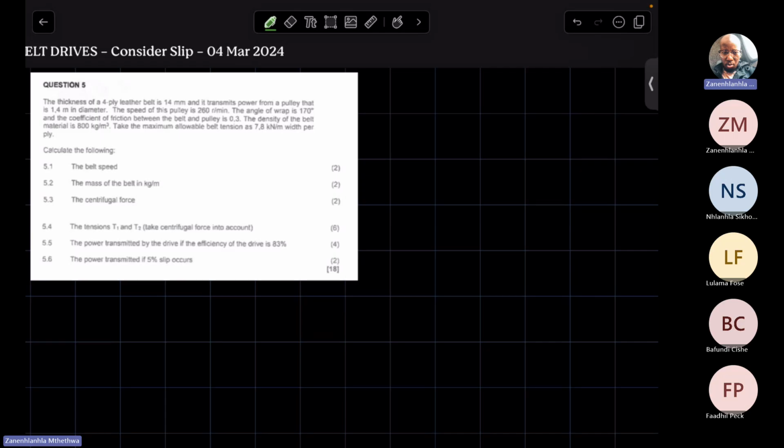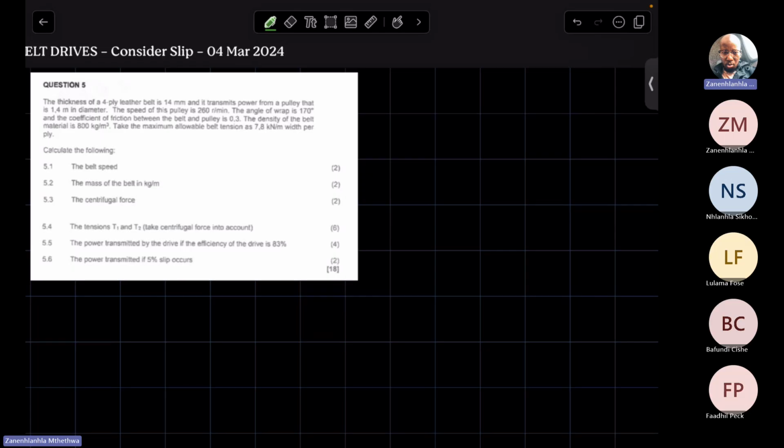Hopefully by now you guys have gone through the first portion of belt drives, because understanding the first portion is essential in understanding the portion of belt drives where we are considering losses, or where we are looking at a belt drive that is not 100% efficient.